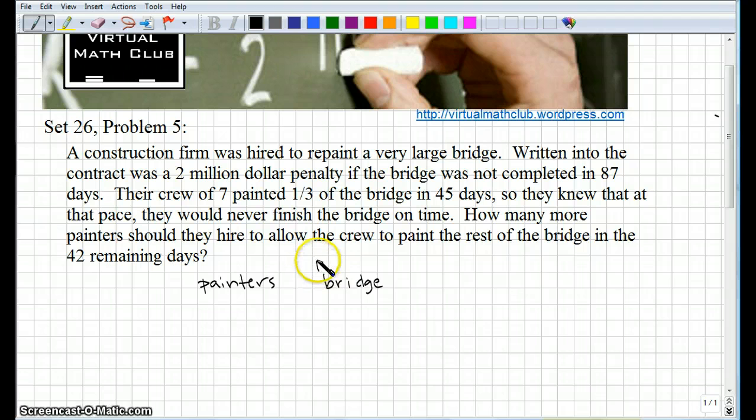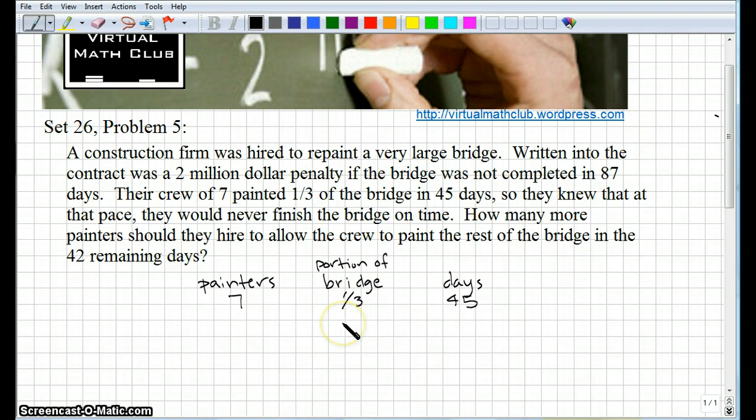I could actually write that as portion of bridge and days. Okay, so we know that it has taken 7 painters 45 days to paint 1/3 of the bridge.